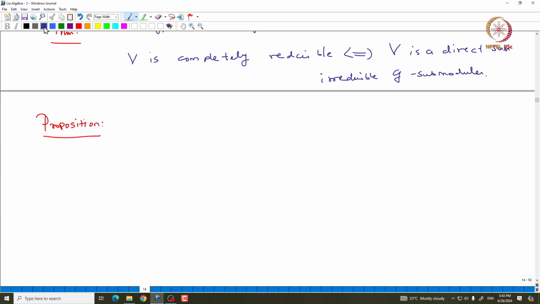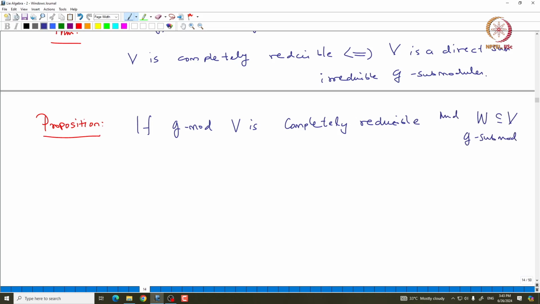If the G module V is completely reducible, and W is a G submodule, then W is also completely reducible.